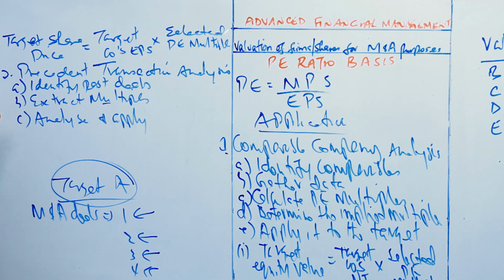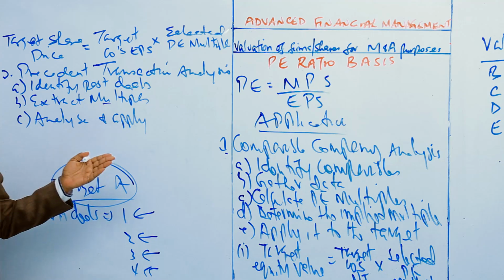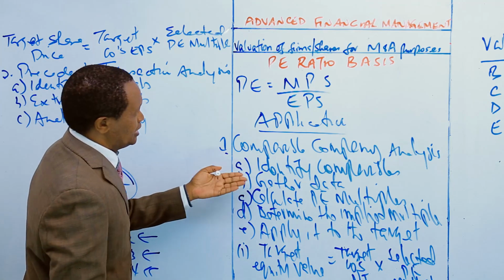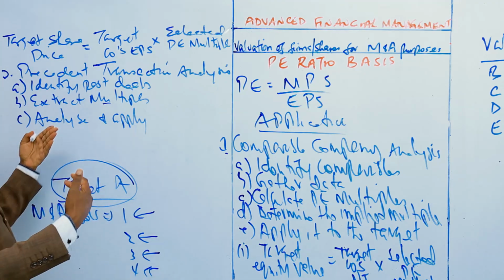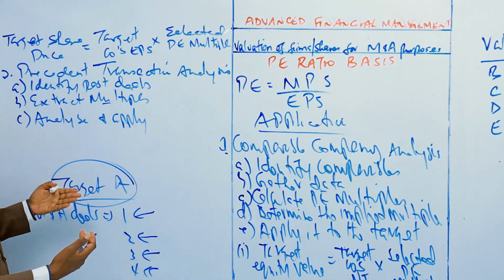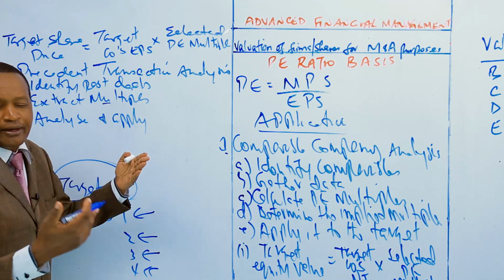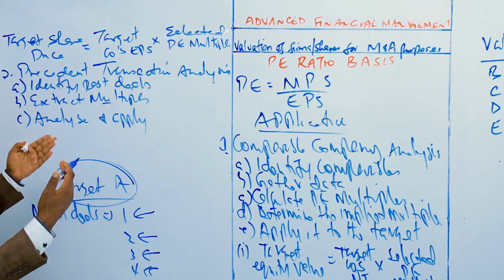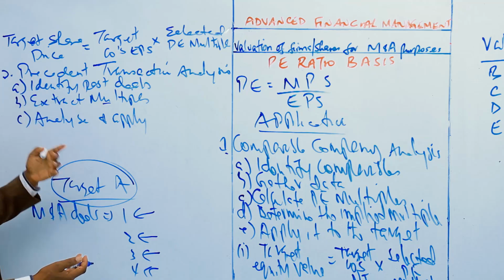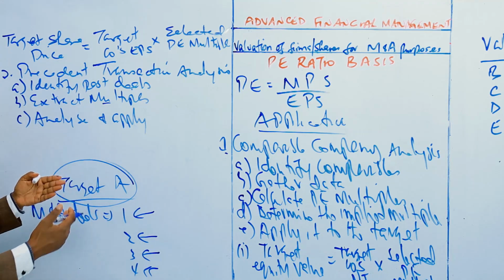And candidate, this is another method. So you can apply the PE ratio using comparable company analysis or precedent transaction analysis. Precedent means before, prior. You analyze past M&A deals, mergers and acquisitions that have been done in the past. Precedent, before, prior, all right?